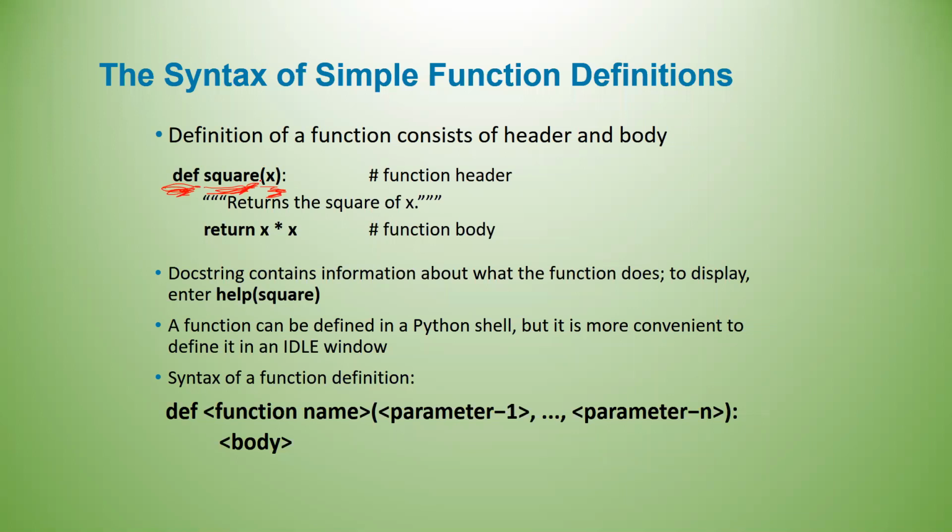So after the function name, parentheses is a must, and parameters is optional. Sometimes you have, sometimes you don't have, and we will have examples of that. Okay, so this is the parameter, and inside your function body, you work on that parameter. So that's the function definition, okay?